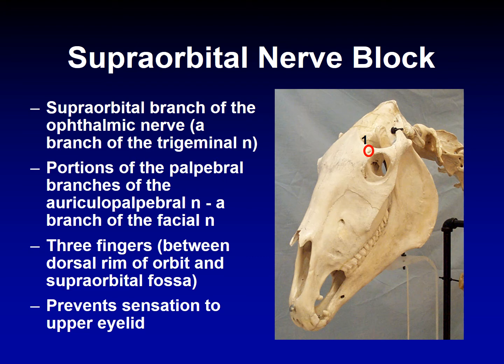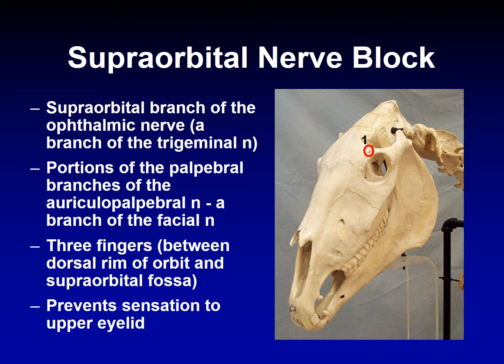The supraorbital branch of the ophthalmic nerve, a branch of the trigeminal nerve. Also, there are portions of the auriculopalpebral nerve, which is, as I said earlier, a branch of the facial nerve.